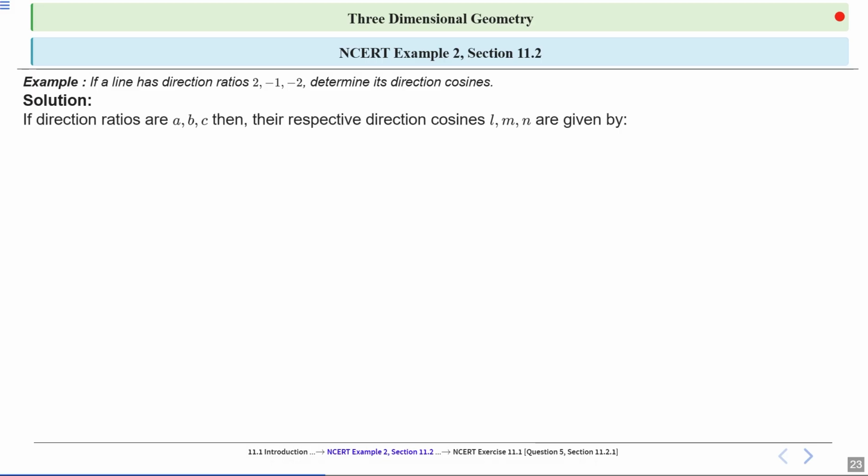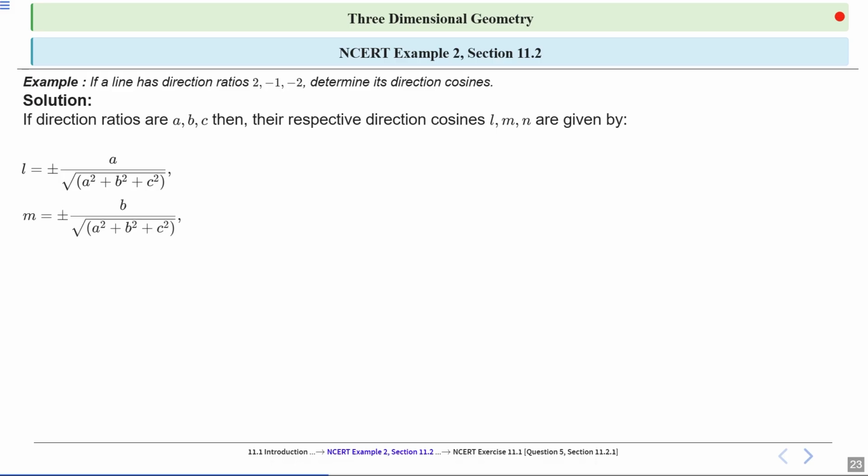So first, let's recall the relationship between direction ratios and direction cosines. If a line has direction ratios A, B, C then their direction cosines L, M, N are given by L equals plus minus A divided by square root of A square plus B square plus C square.